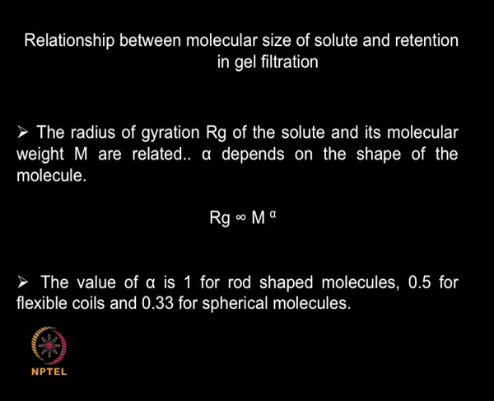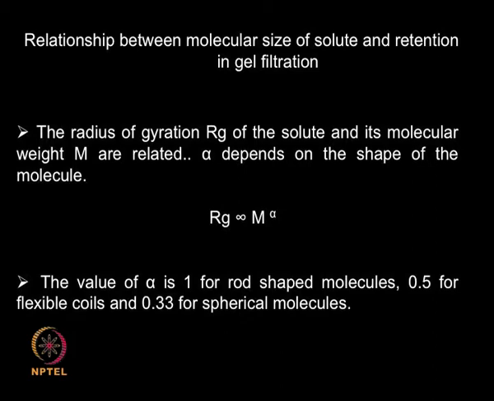Now we need to know a relationship between the size of the molecule, or the size of the protein which you are eluting out, and the molecular weight, okay. Generally it is in this particular form, Rg is the radius of gyration of the solute, m is the molecular weight, and alpha is the exponent term, which depends on the shape of the molecule.